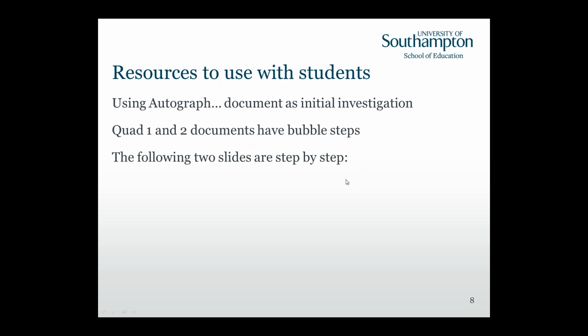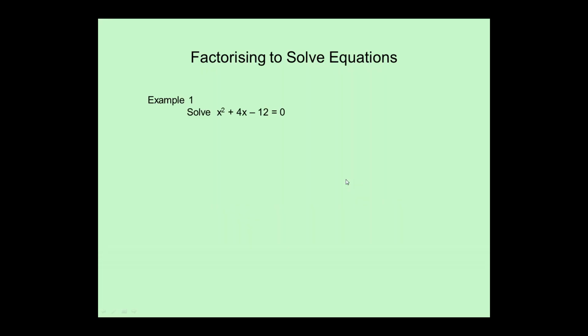I've got these 2 slides that I've put in here. This one thinks about factorising it, and it gives you each step. It says, okay, I need 2 numbers which add together to make 4 and multiply together to make minus 12. So it's written them out like this.